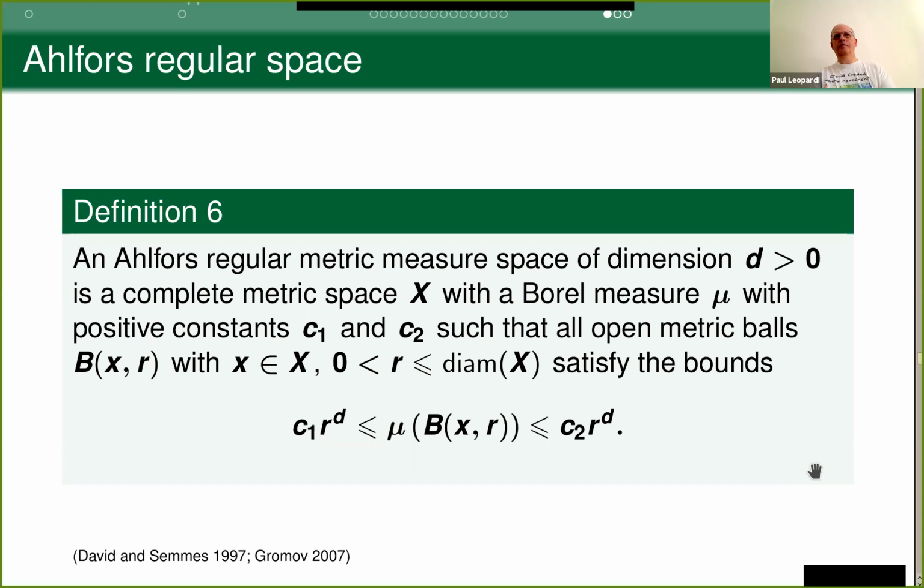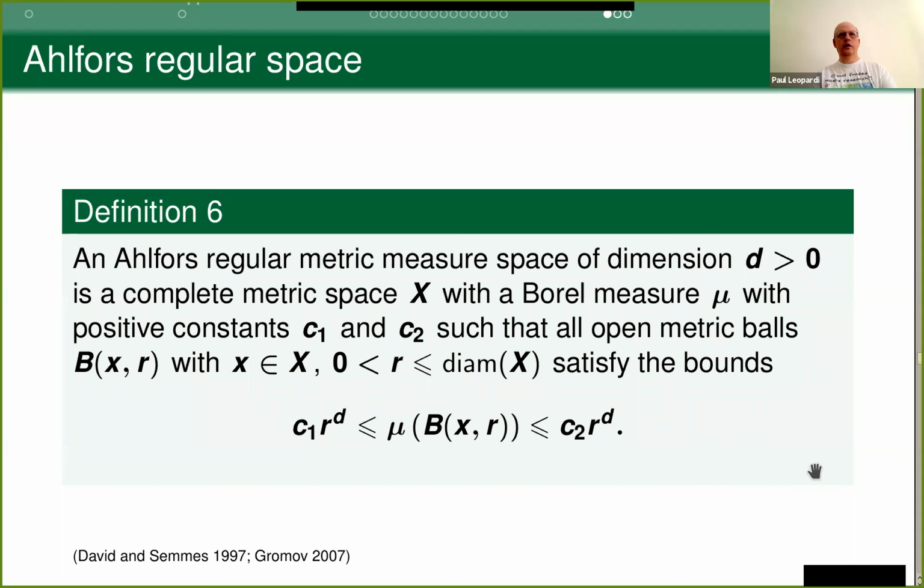So to cut to the chase, an Ahlfors regular metric measure space behaves like a d-dimensional manifold, at least to this extent.